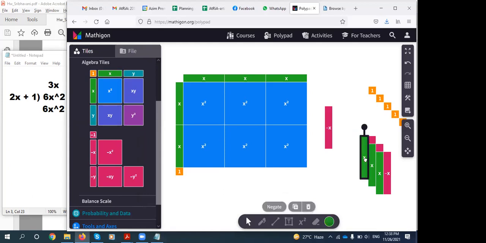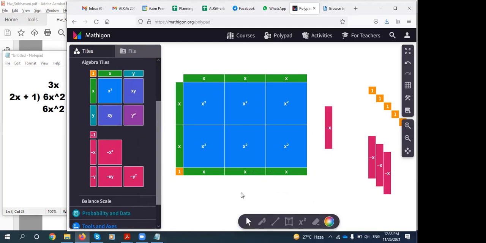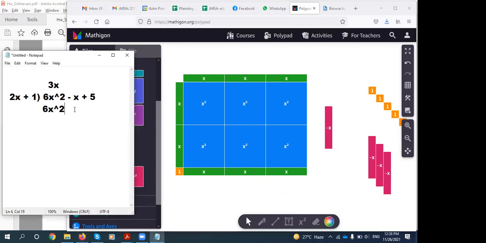Now, I could have taken the horizontal ones. That's fine. So this becomes, right?